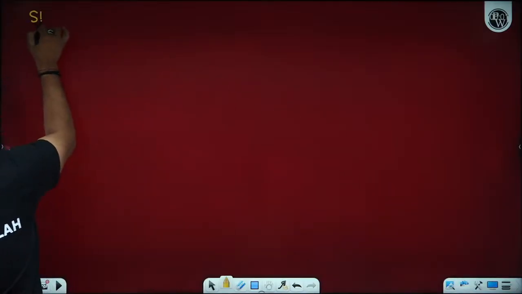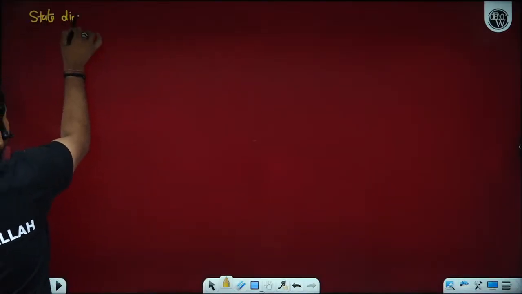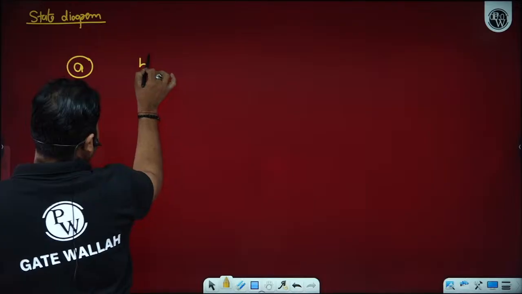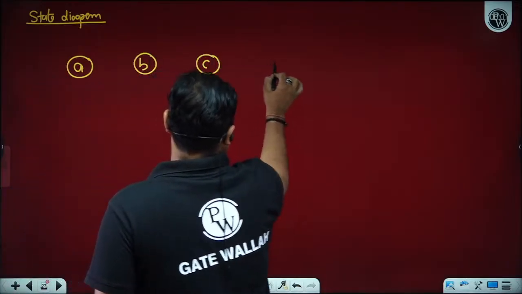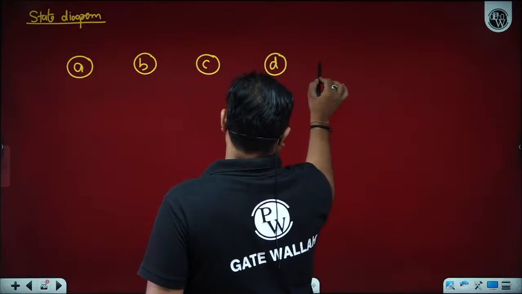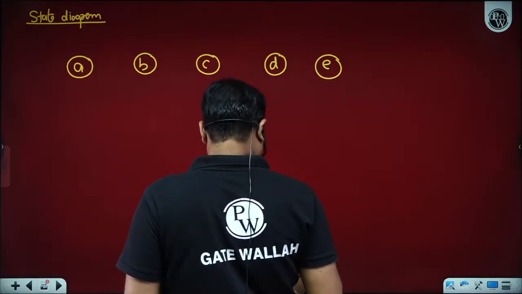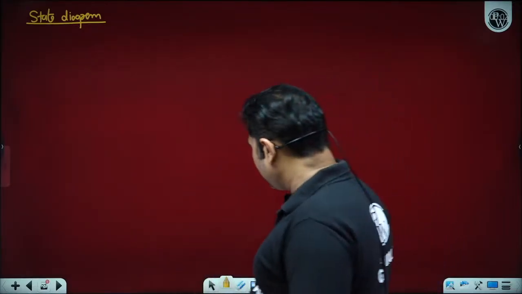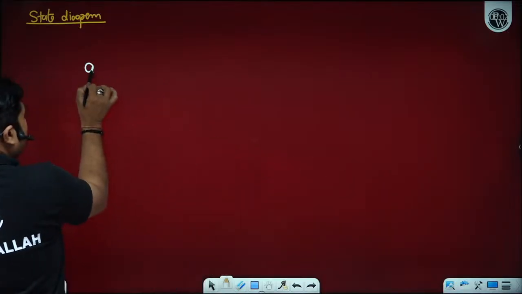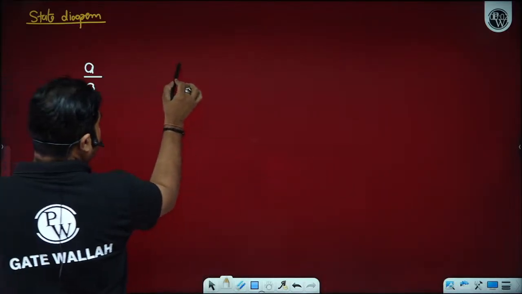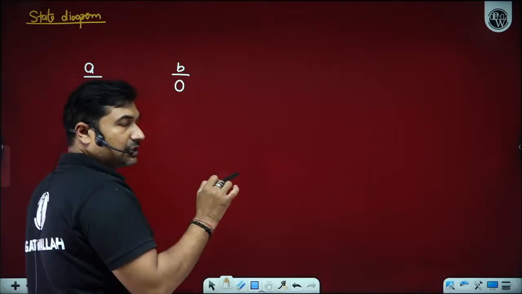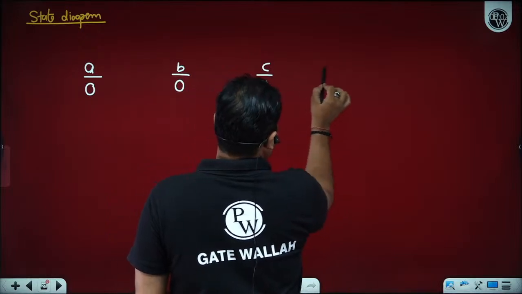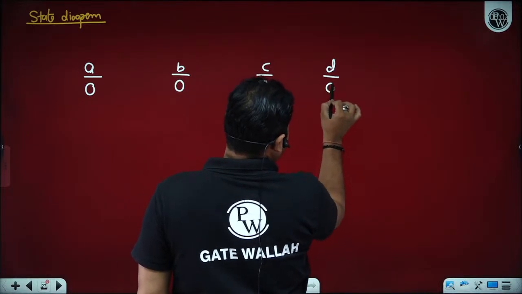First of all, we have to draw the state diagram, with state A, state B, state C, state D, and state E. Because in the Moore model, output is a function of present state only: if you are in state A, B, C or D, the entire sequence is not detected.